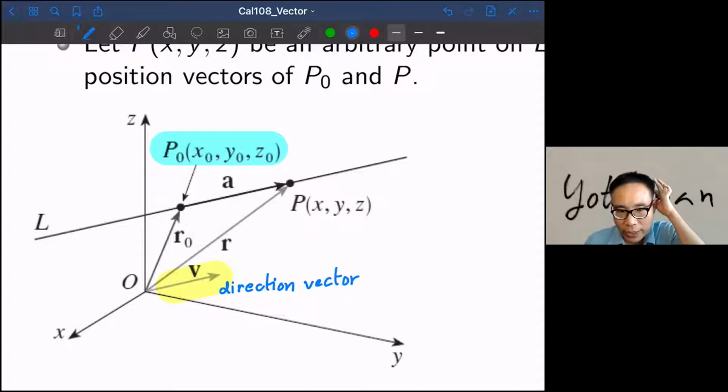If you construct the vector P0P, let me draw P0P, this vector turns out to be parallel to the direction vector v.